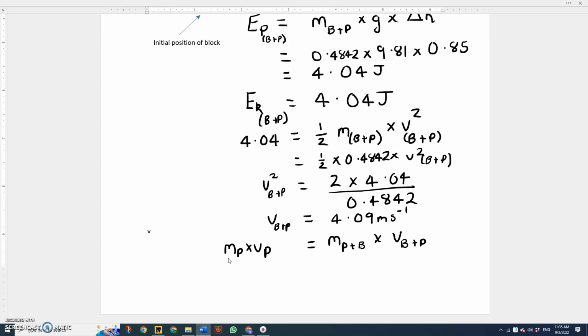Okay, so we know that the mass of the pellet is 9.2 grams, 9.2 times 10 to the minus 3 times the velocity of the pellet just before it strikes the block, the mass of the block and the pellet is 0.4842, and the velocity of the block and the pellet, which we've just worked out, is 4.09 meters per second.